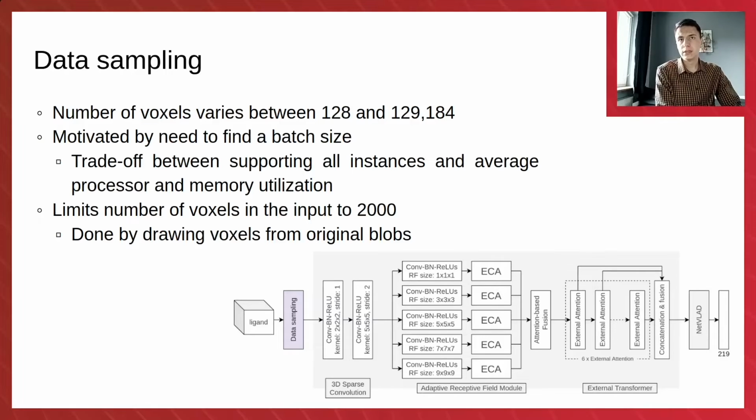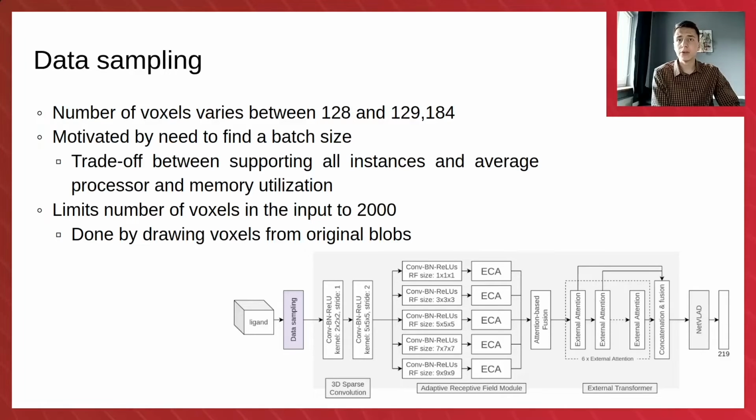Before discussing actual Translog modules, I would like to make a caveat. I mentioned that there are significant differences between the sizes of ligands. The smallest ligands are described with a little bit more than 100 voxels, while the greatest are represented with almost 130,000 voxels.